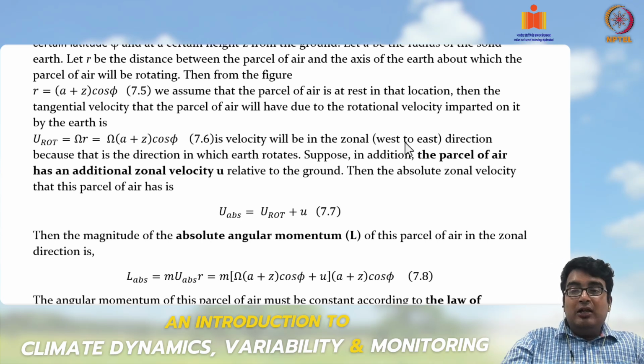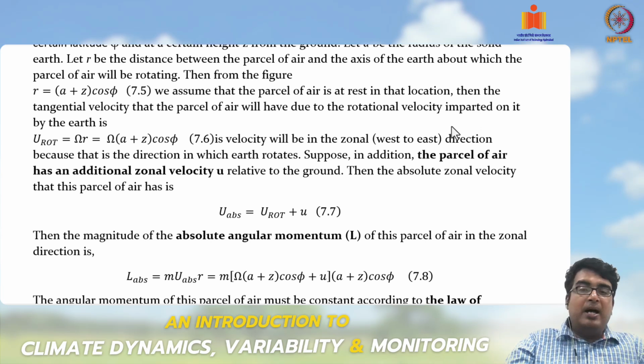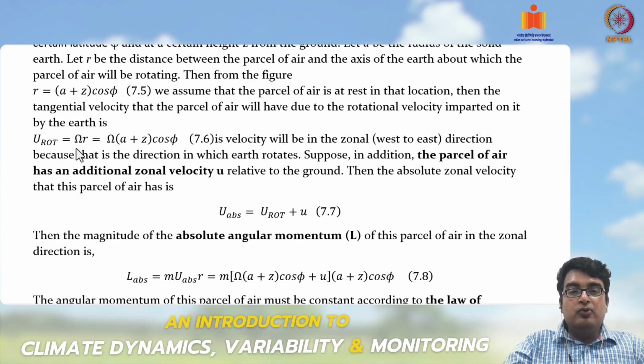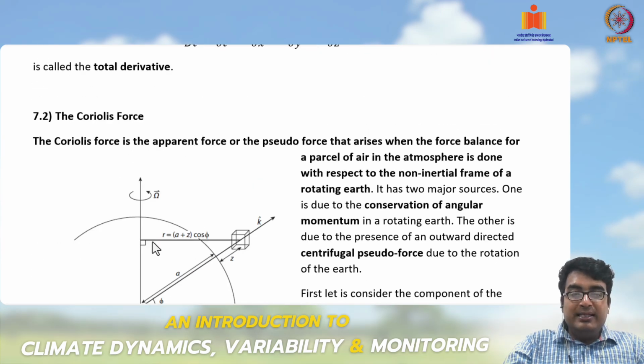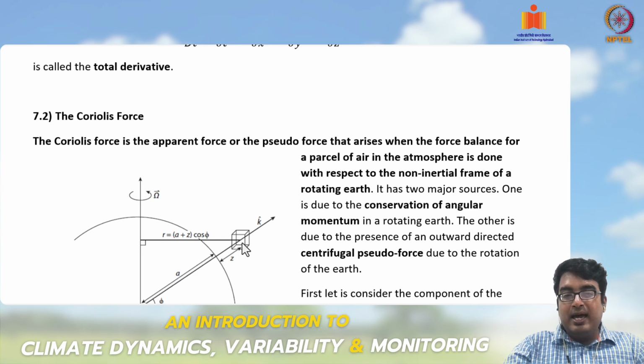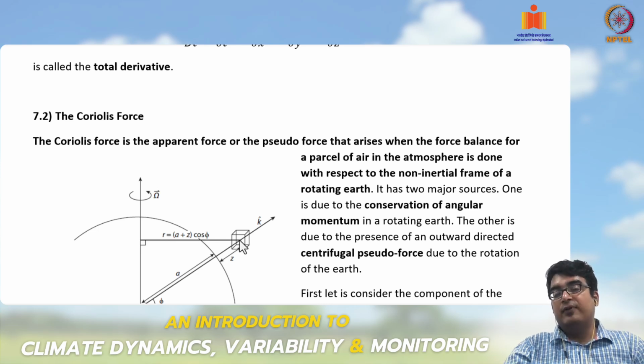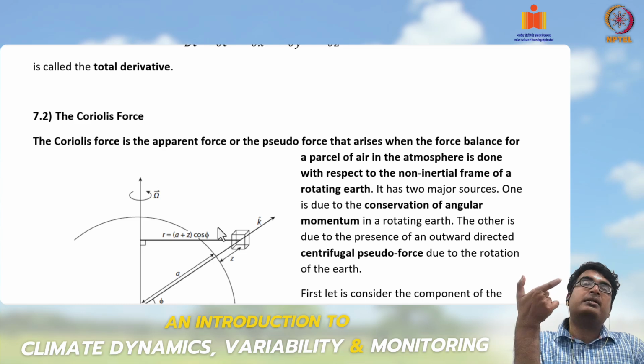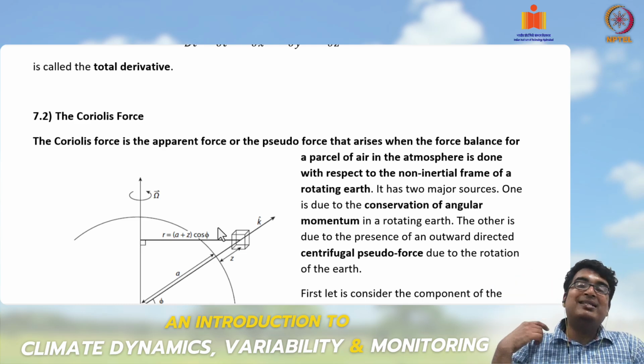So the rotational velocity of this stationary parcel of air is given as u rotation equals omega into r, where r is the distance between the axis of the Earth and the center of this parcel of air. This omega into r is the rotational velocity of this parcel of air in the west to east direction.